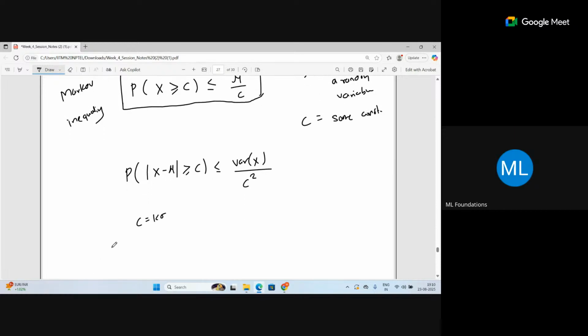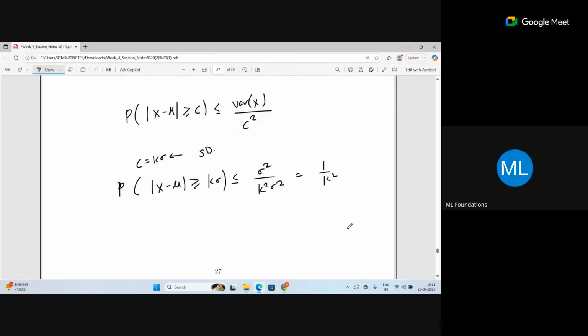Then this inequality will be written as the probability that mod of x minus mu is greater than or equal to k sigma is less than or equal to variance by k square sigma square. The variance in this case is sigma square, where sigma is the standard deviation, so that becomes 1 upon k square. So the probability that mod of x minus mu is greater than or equal to k sigma is less than or equal to 1 upon k square. Is that okay? It's fine.